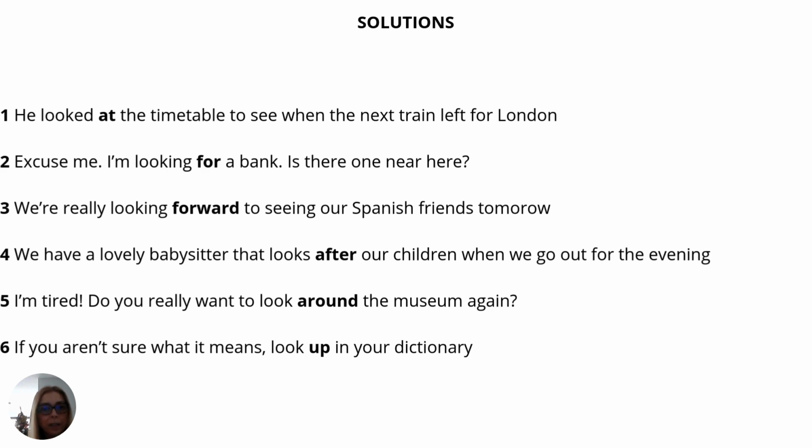Is there one near here? In this case, he or she is searching for a bank. In number 3, we're really looking forward to seeing our Spanish friends tomorrow. The meaning is they are waiting with emotion for their Spanish friends.